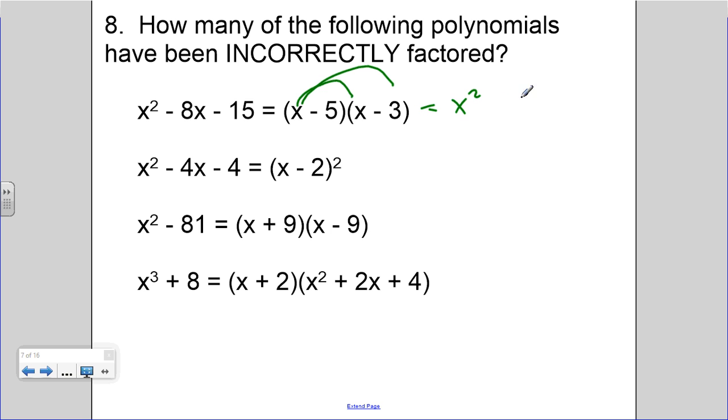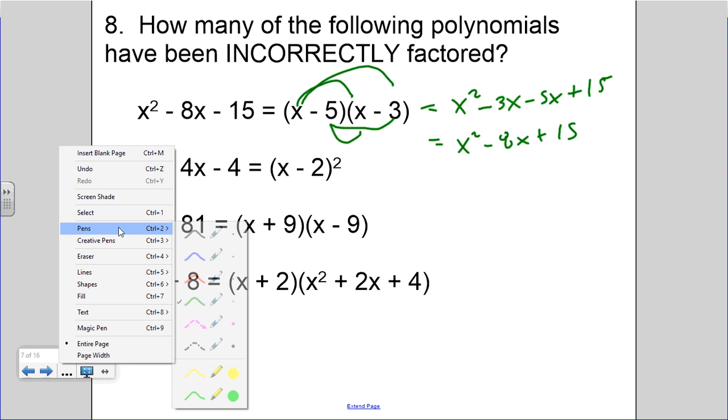X times negative 3x. Negative 5 times x, negative 5x. And negative 5 times negative 3 is a positive 15. Combine your like terms, you would have x squared minus 8x plus 15. So this one is incorrectly factored.